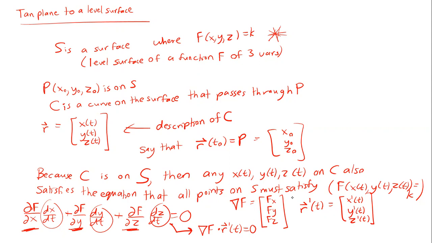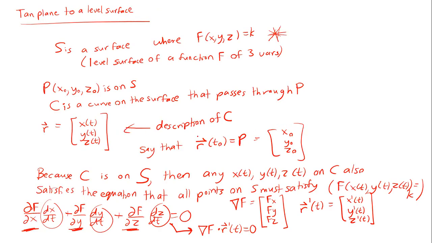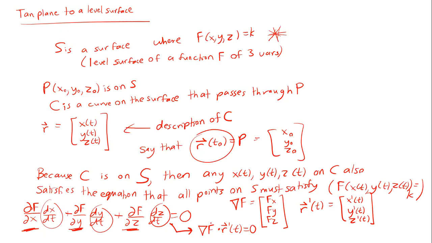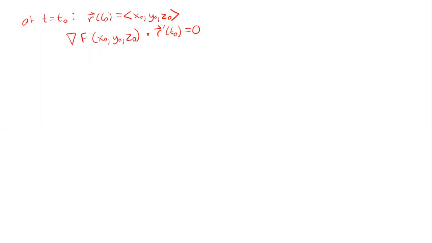So then we have to think about, what does this say? Let's go back to our time t0 and our point. At t equal to t0, R of t0 is equal to x0, y0, z0. That's what we said earlier. And then we also have that del f of x0, y0, and z0 dot R prime of t0 is equal to 0, because this relationship holds for every one of the t's, including t0.